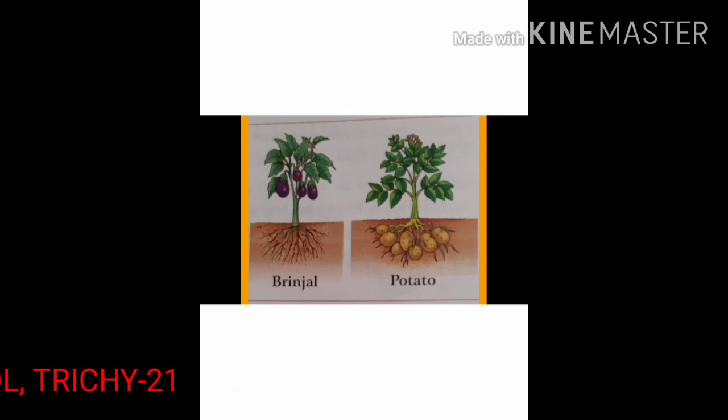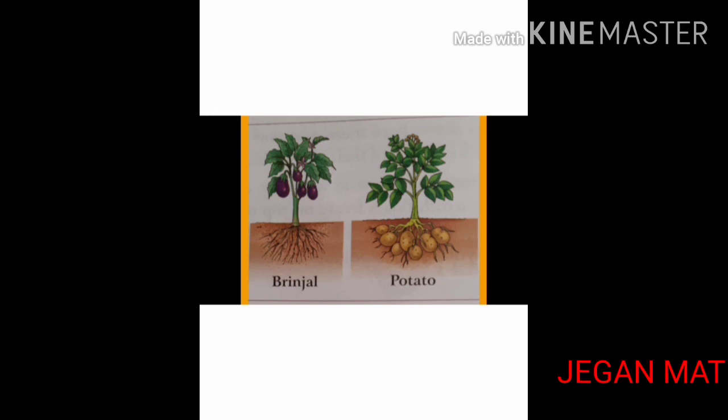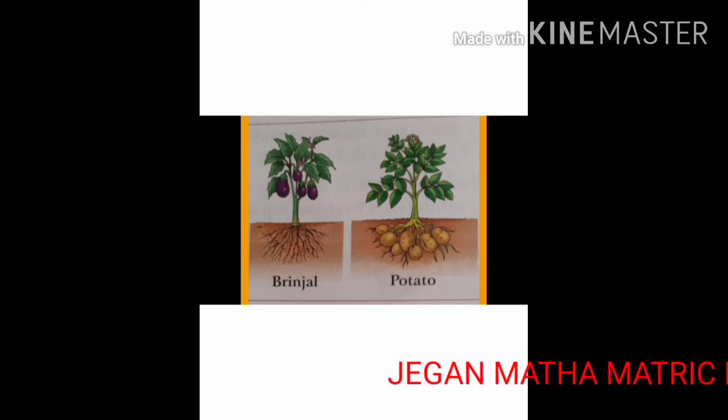Starch is a polymeric carbohydrate consisting of a large number of glucose units linked by glycosidic bonds. It acts as stored energy in plants.